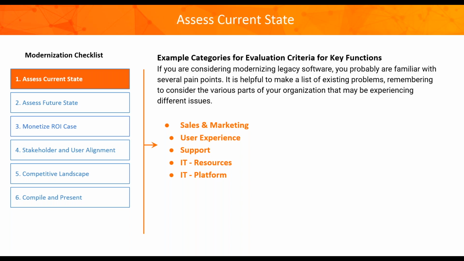The first is sales and marketing. The second is user experience. The third is support. This could be a call center, people on hold, or services people answering questions. Then IT resources. We split IT up into the actual resources as well as the platform.